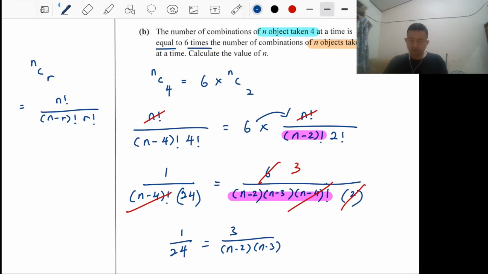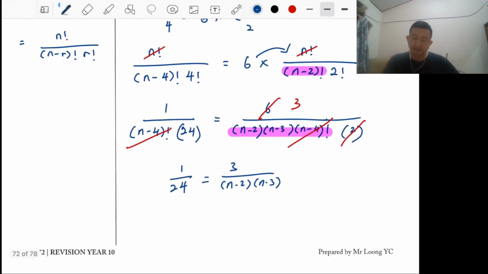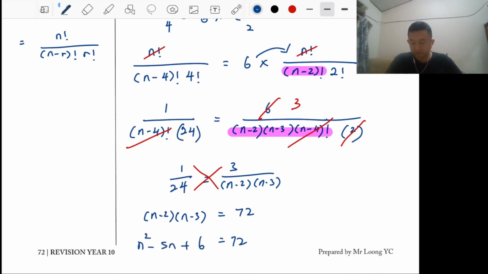Okay, I do a cross multiplication, 72. This is a quadratic equation. n squared minus 5n minus 66. Use your calculator.